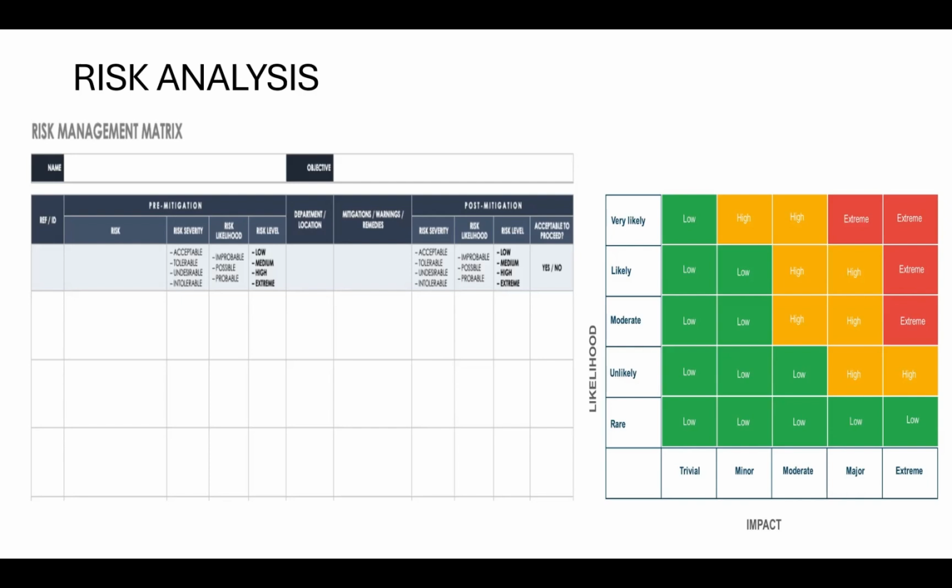Now the next column there is the severity of the risk. Is the risk a high risk or a low risk? Is it acceptable? Is it tolerable? Is it undesirable? Is it intolerable? So that tells you there are some risks that are accepted.